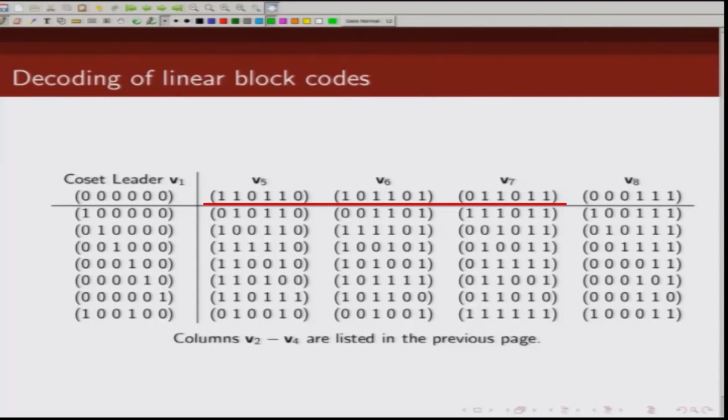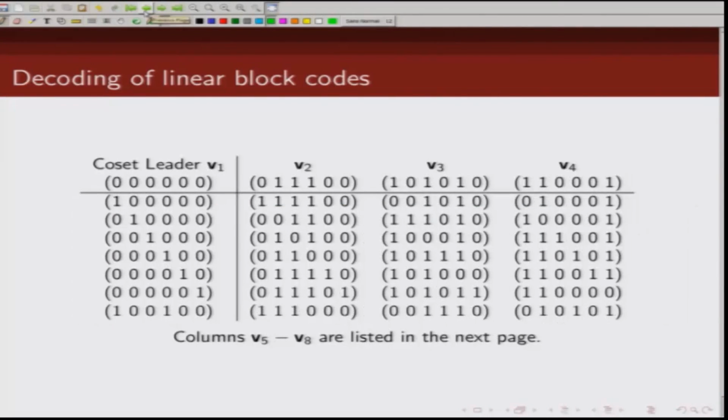So, we see we do not have n tuples which have just weight 1, Hamming weight 1, they have not appeared so far. So, this 1 0 0 0 0 0 has not appeared so far in the first row of this array. So, I pick this 1 0 0 0 0 as my first element.